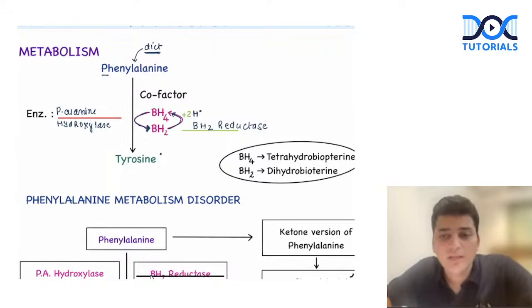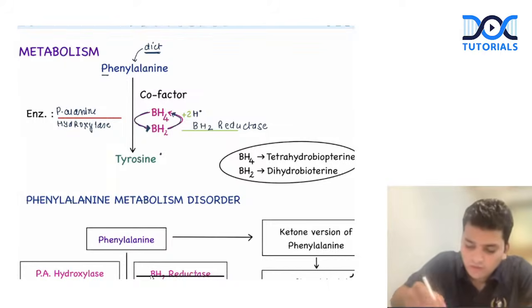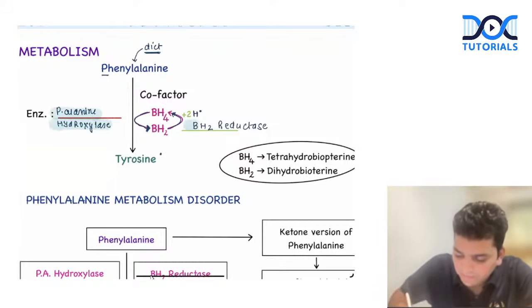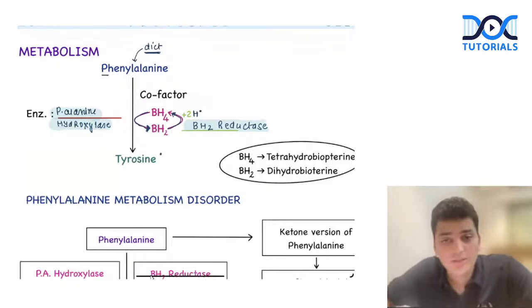Technically, to convert phenylalanine to tyrosine, I require two enzymes: phenylalanine hydroxylase and BH2 reductase. If these two enzymes are there, we can do this reaction again and again. But if any of these enzymes is not there, then this reaction will not happen.